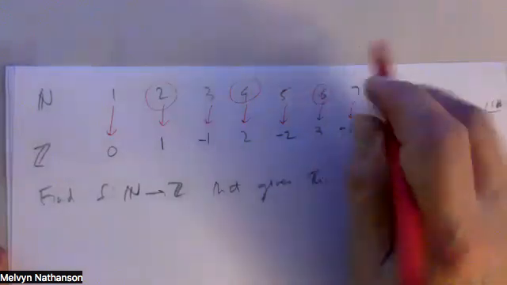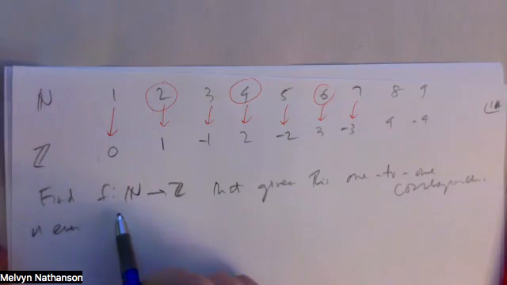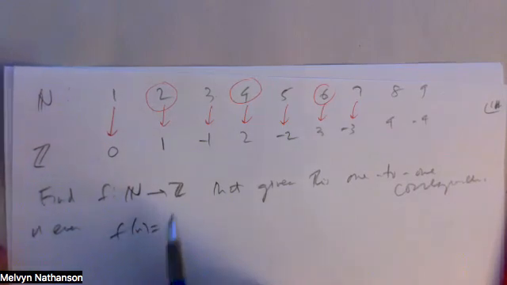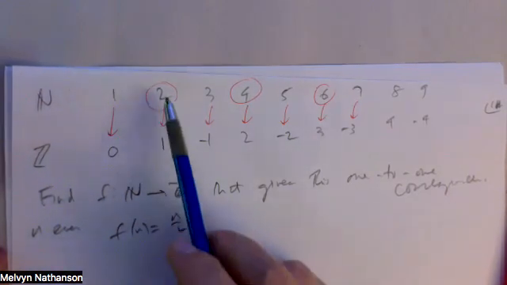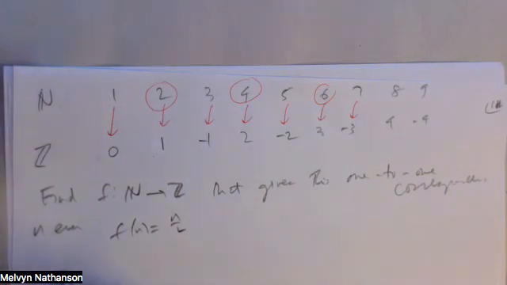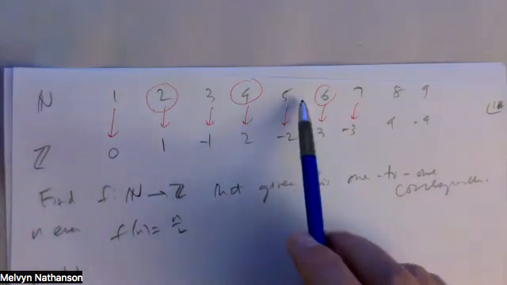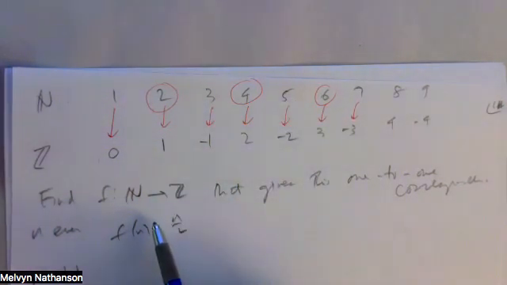Well, even integers are easy, because if n is even, you can let f of n be equal to n over 2, right? So 2 goes to 1, 4 goes to 2, 6 goes to 3, 8 goes to 4, and so forth. What about if n is odd? For n odd, this is trickier. Let's see, 3 goes to minus 1, 5 goes to minus 2.